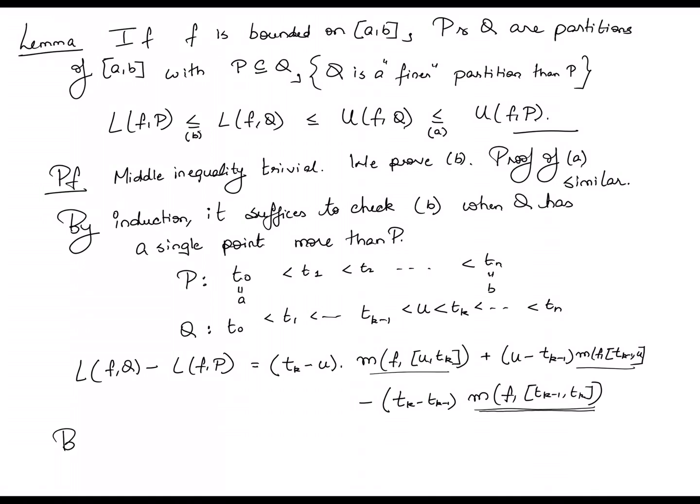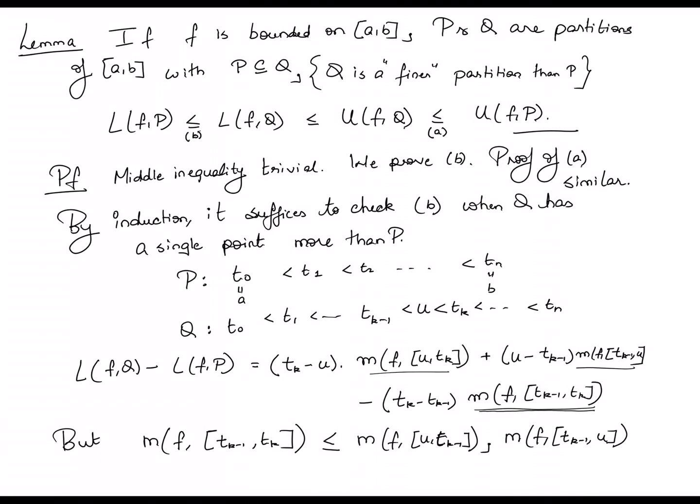So m of f over t(k-1) to tk is in fact going to be less than or equal to m of f over t(k-1) comma u, and it's also going to be less than or equal to m of f over u comma tk.